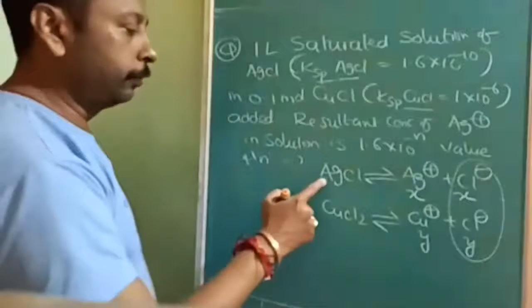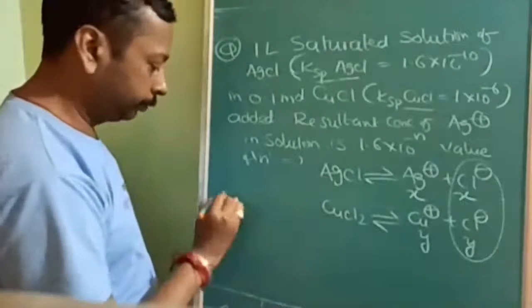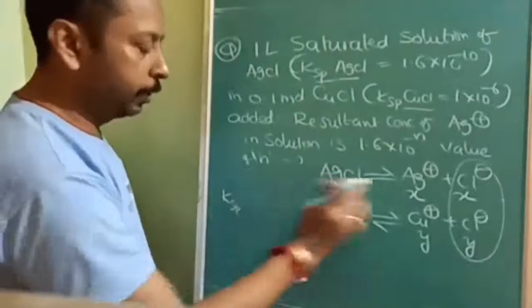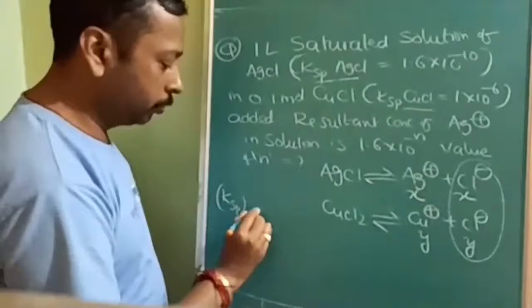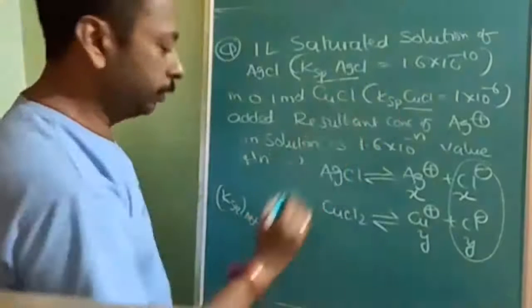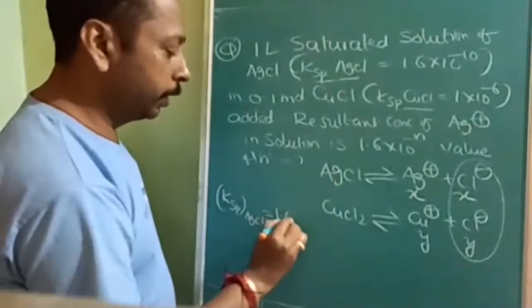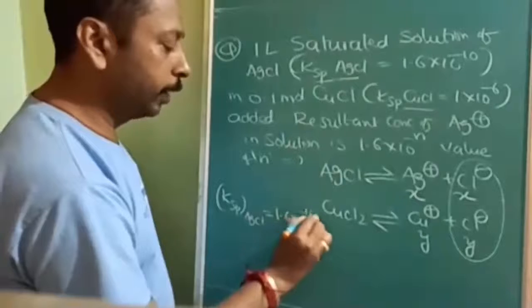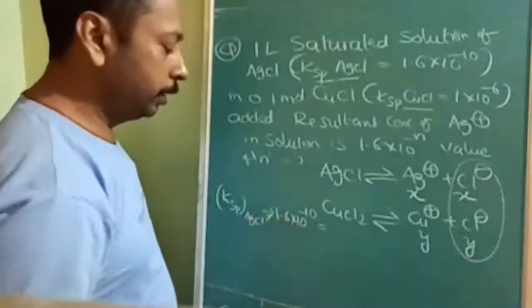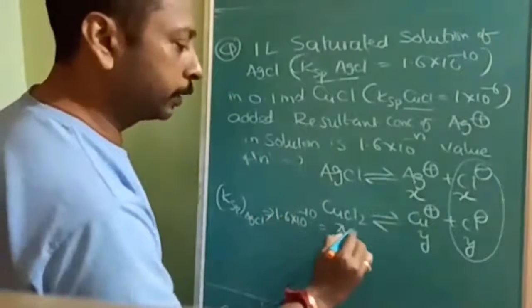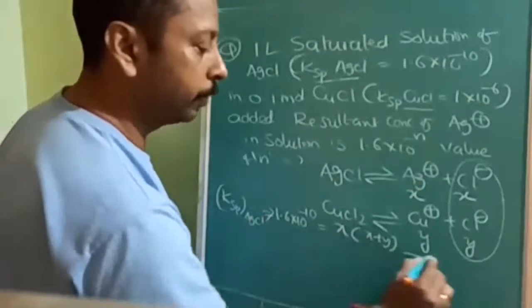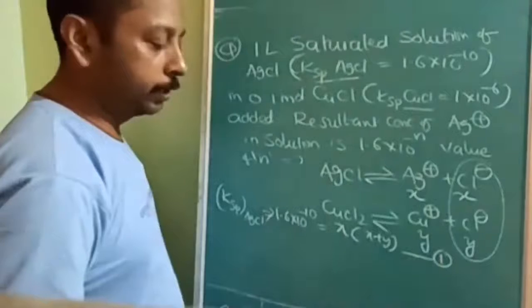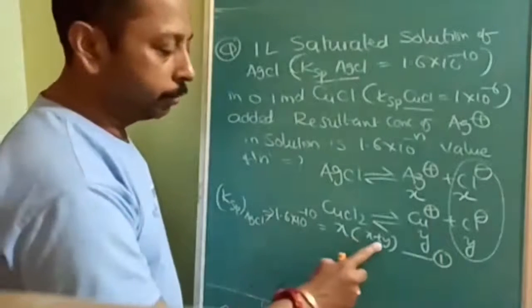So for KSP of AgCl, understand how to solve the simultaneous questions. KSP of it is 1.6 into 10 to the power of minus 10, equal to X into X plus Y. This is equation 1.